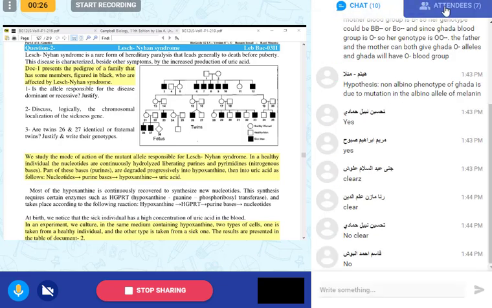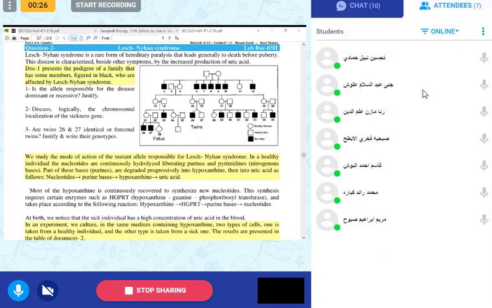Who wants to read question 2? I will read. Lesch-Nyhan syndrome is a rare form of hereditary paralysis that leads generally to death before puberty.